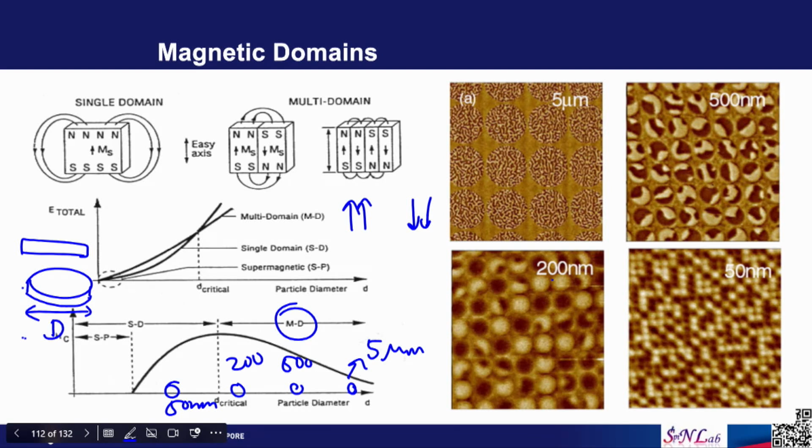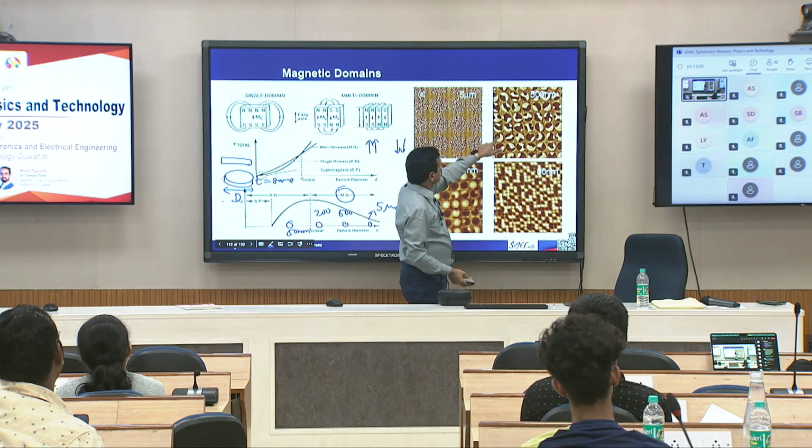Now, we look at another cylinder. All have the same thickness, this T is the same, only the diameter is different. So, now you look at the 500 nanometer diameter region. You see here brown, beige color.